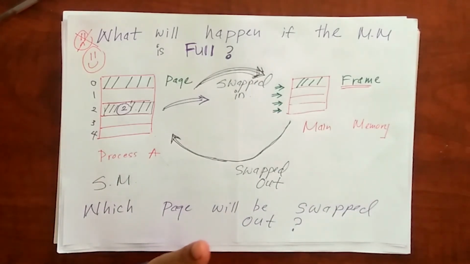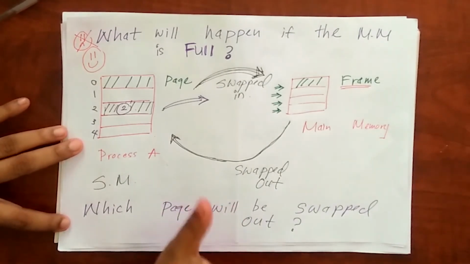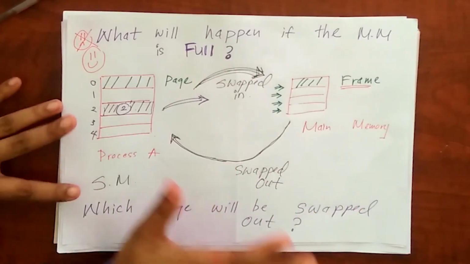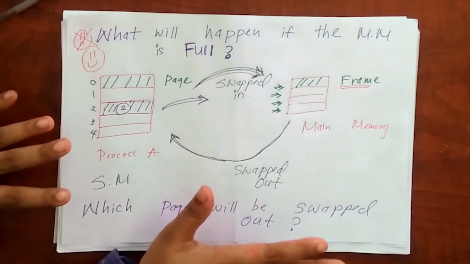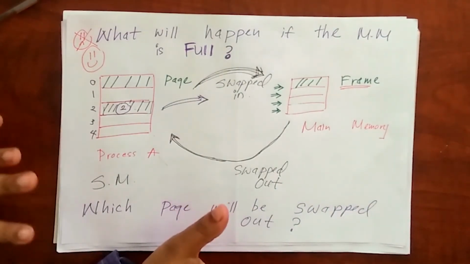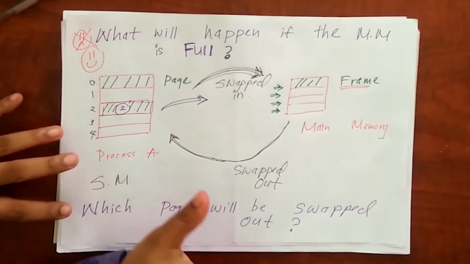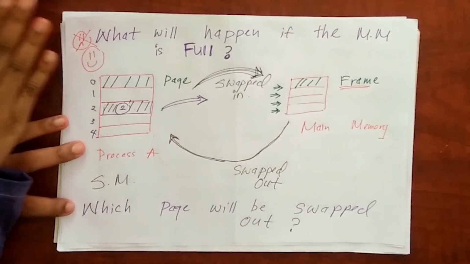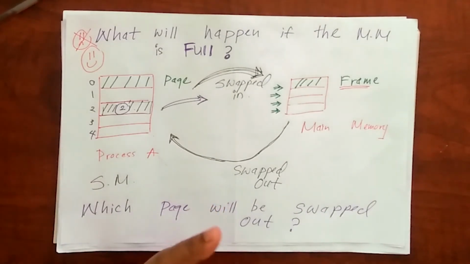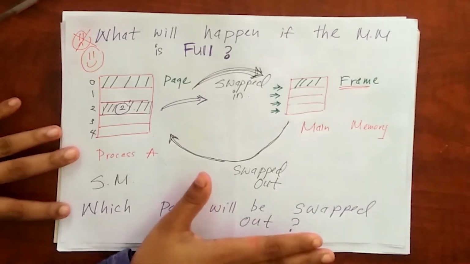So finally we heard the word, our topic, page replacement algorithm. They will decide which page will be swapped out. So finally I finished all the steps and I think you understood what page replacement algorithms are and what their job is. So finally we are done with the introduction.